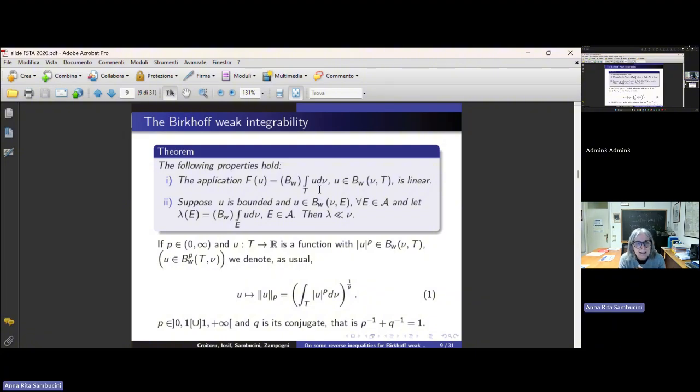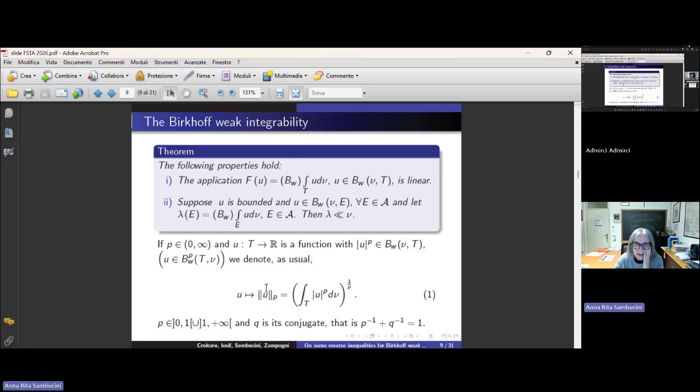Moreover, if we take p greater than 0, and we consider a scalar function u such that its p power is Birkhoff-weak integrable, we can associate to each u this p-th root of the integral of the p power, this functional. Usually this functional satisfies the triangle inequality for p greater than 1, and so this will be a semi-norm.